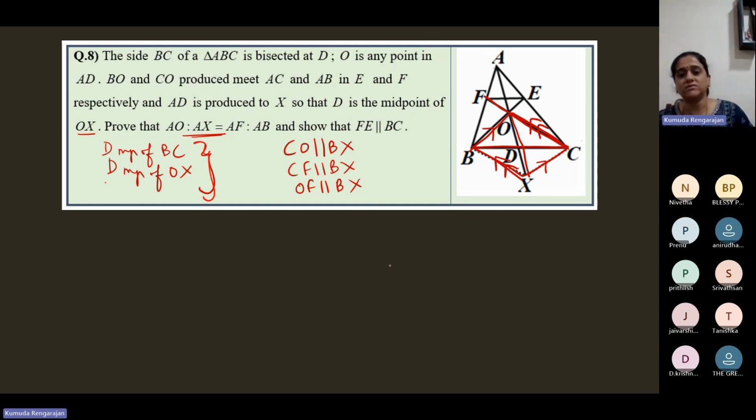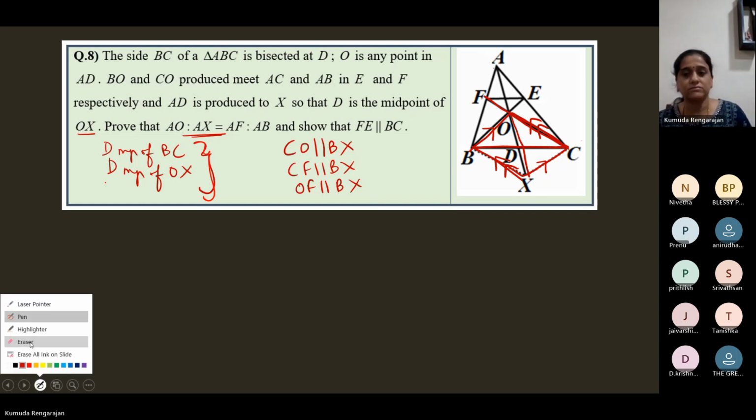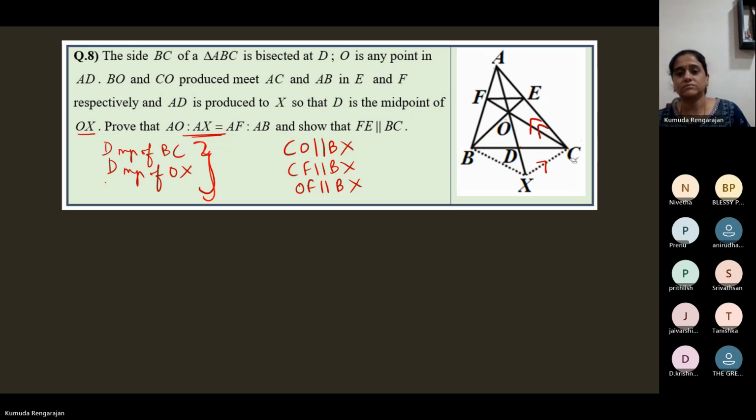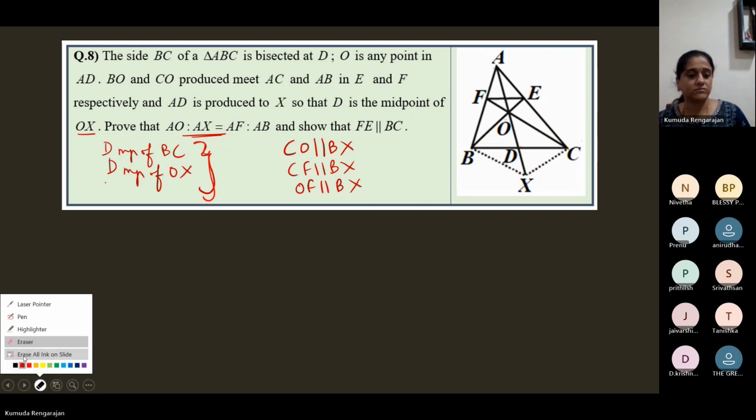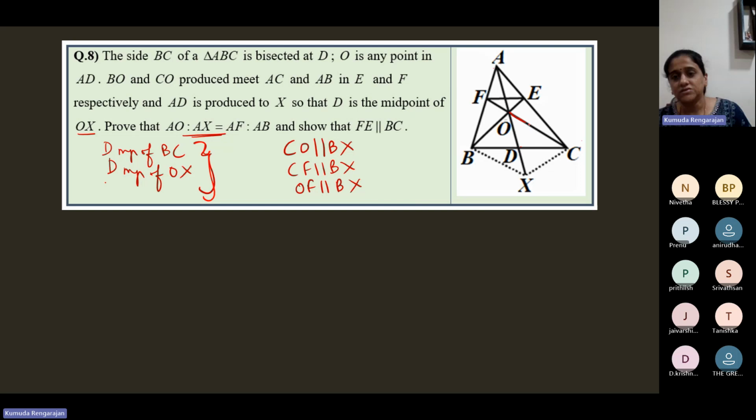See, CO is parallel to BX because opposite sides are parallel. Now CO is produced, like this. So that means OF is also parallel to BX. That's what we wanted. We wanted OF parallel to BX.